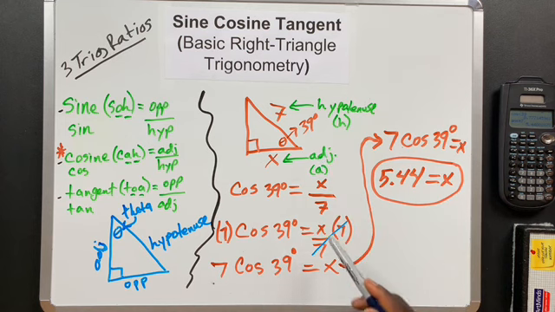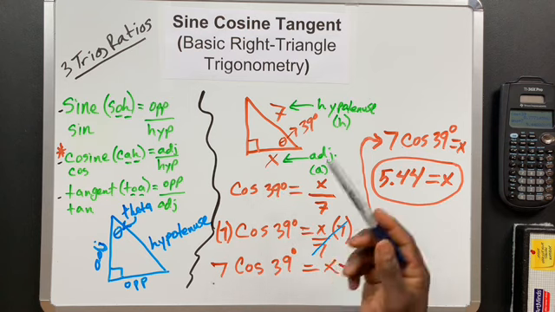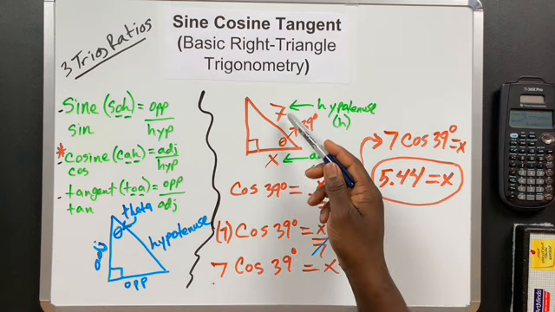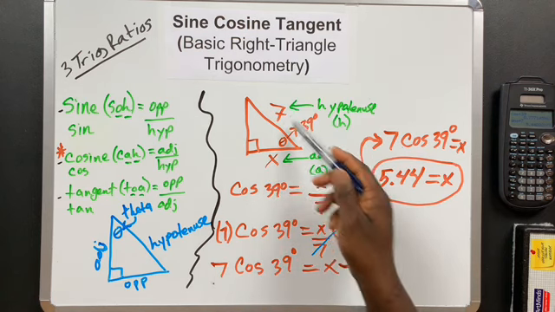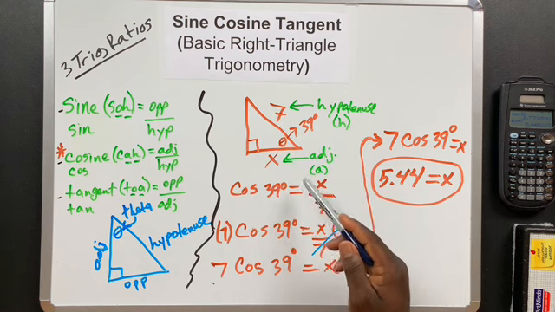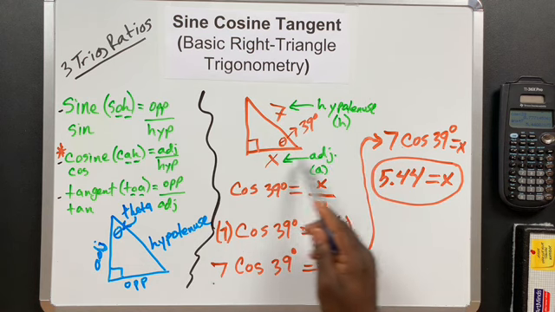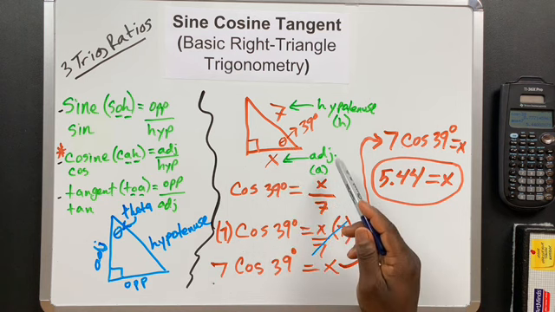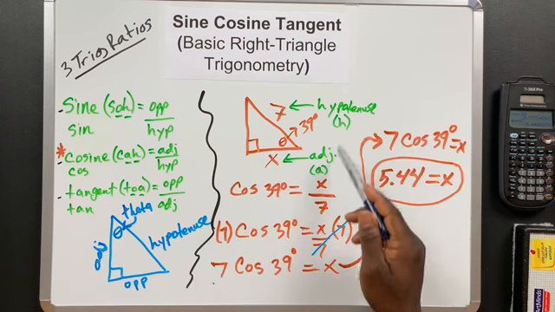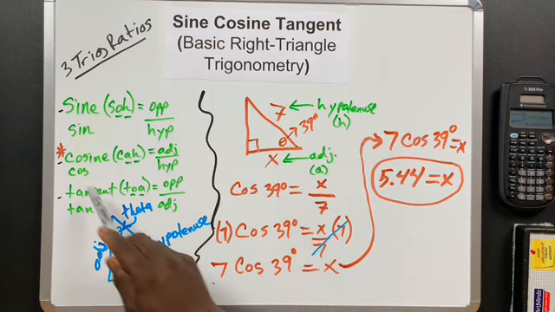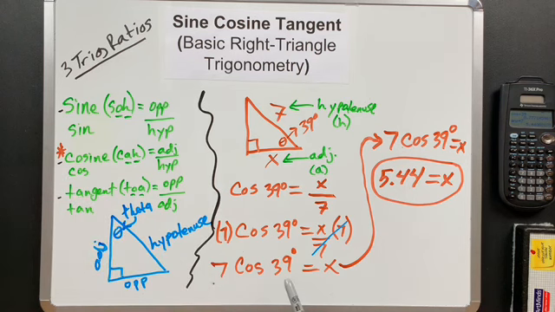We identified theta. Then we reasoned that this is our hypotenuse, the length of 7, opposite the right angle. And this side is the adjacent to theta, so we said here we have hypotenuse and adjacent, so we had to use the cosine here.